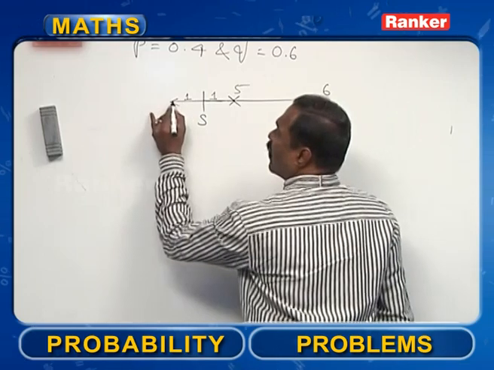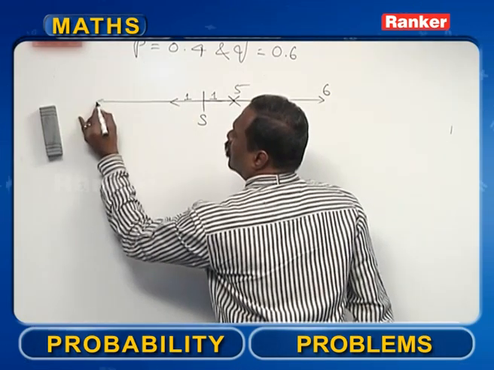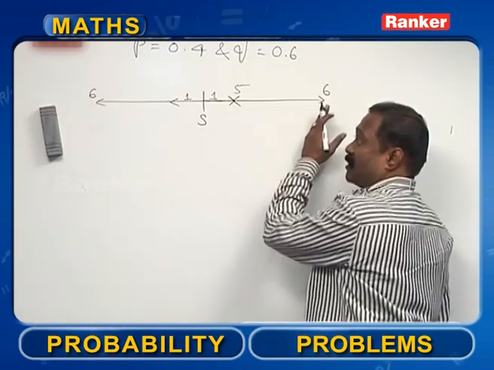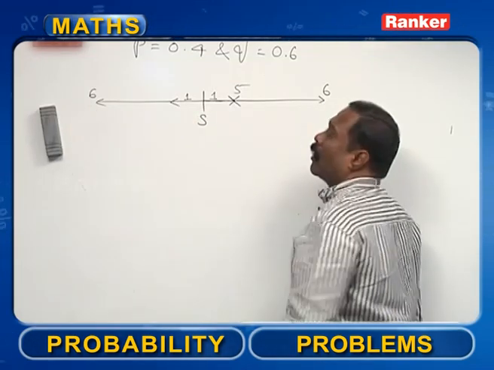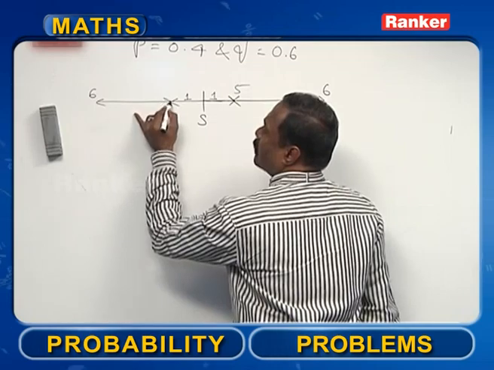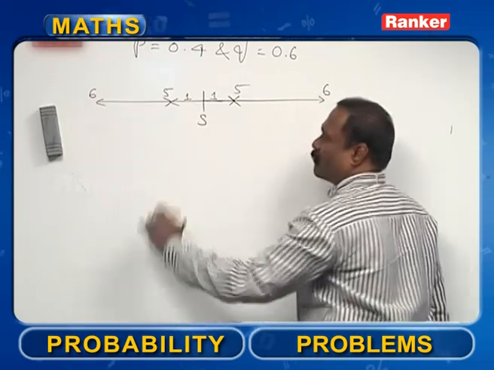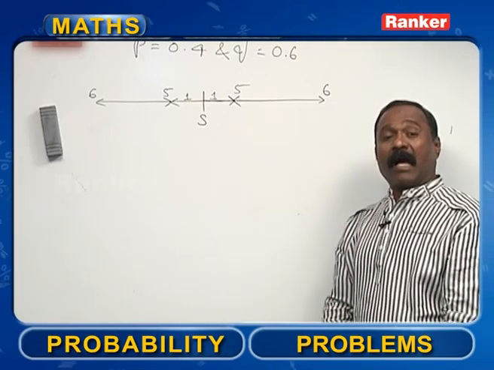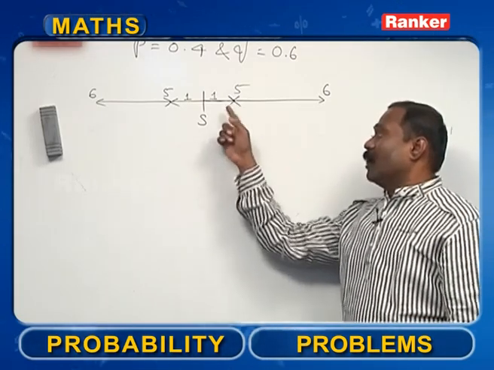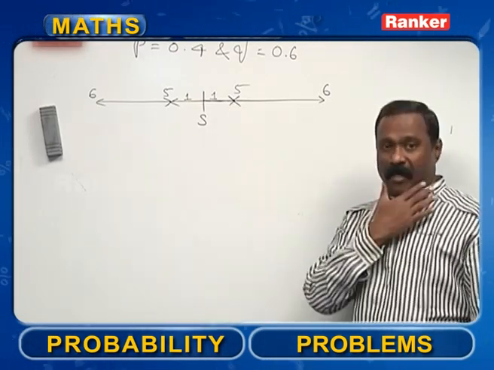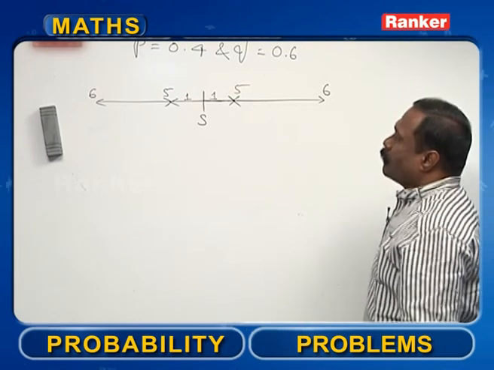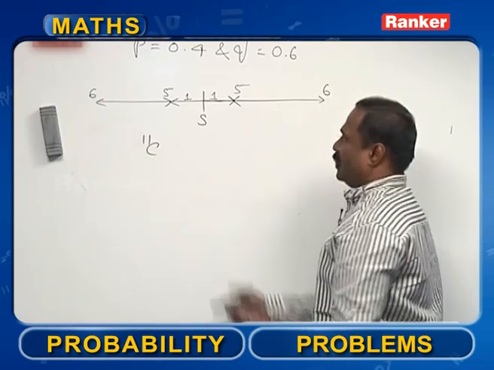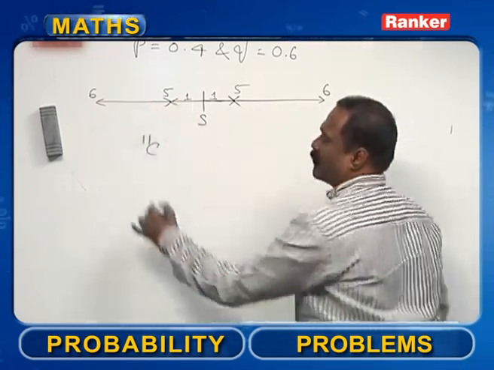Similarly, he could move 6 backward, because we are taking this direction as backward, and 5 steps forward. These are the only 2 options to have the person 1 step away from the starting point. He has taken 11 steps, either this or this. That is why you have to add.